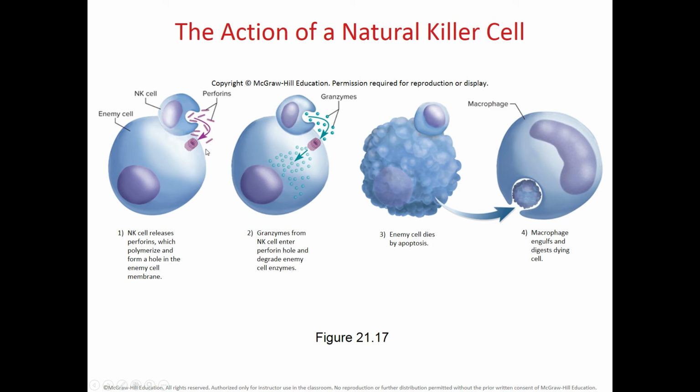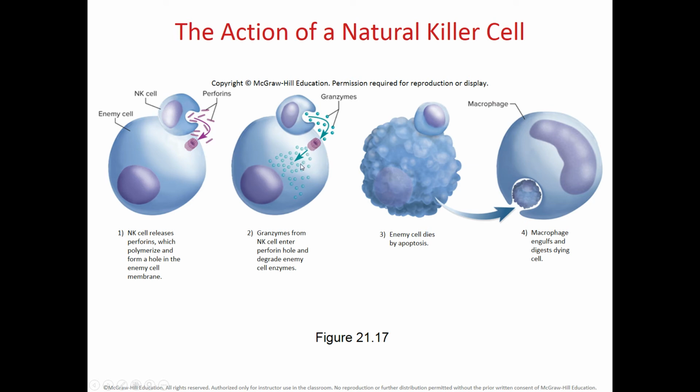So this is an enemy cell. The NK cell will physically bind to the cell and secrete these proteins called perforins. These perforins will form a hole in the cell, and then it will release these granzymes.